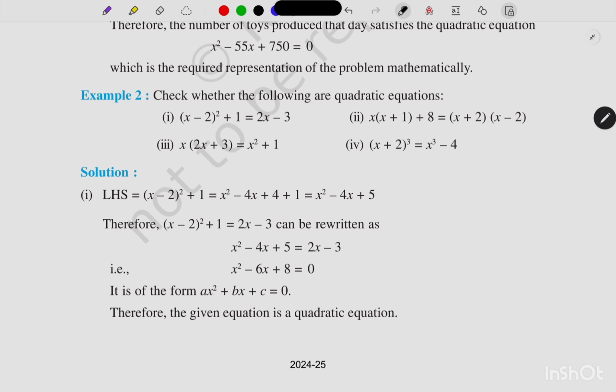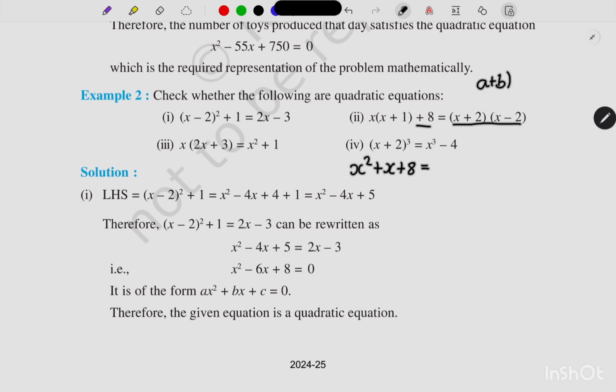Okay, got it? Good. Now the second one however has a twist, or I hope so, or I will be completely fooled. x multiplied by x plus 1, x square plus x plus 8 is here, and now this is equal to x plus 2 into x minus 2.